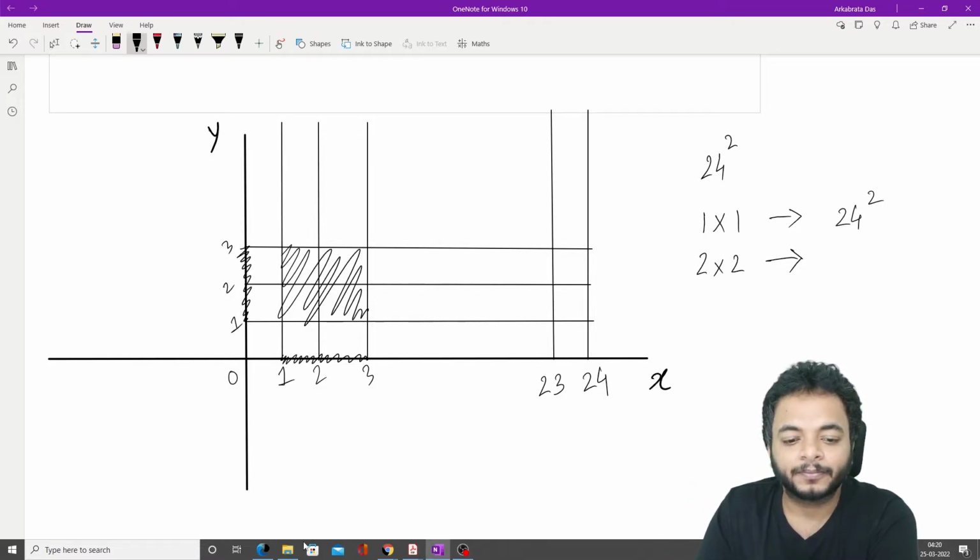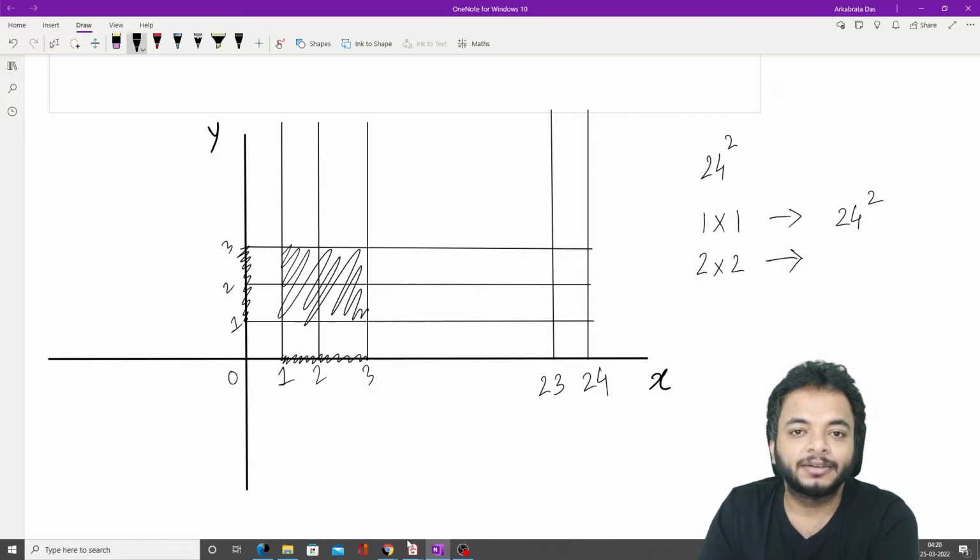So now you see what you are trying to do: figure out how many length 2 sides are there on the x-axis from 0 to 24. Okay, so if you want to select two consecutive sides basically, one example is selecting from 0 to 1 and then 1 to 2.